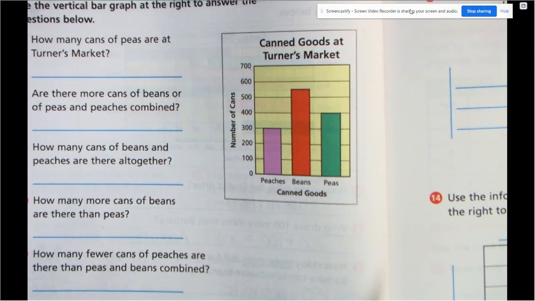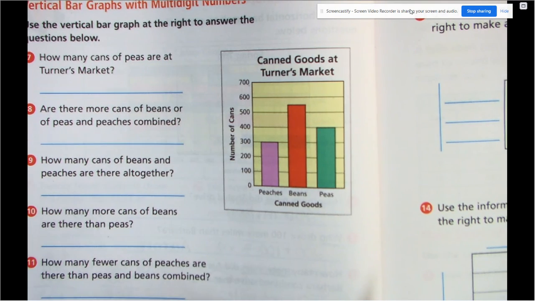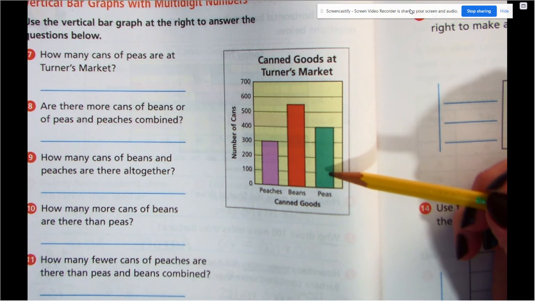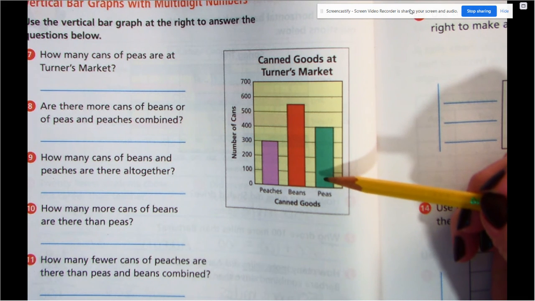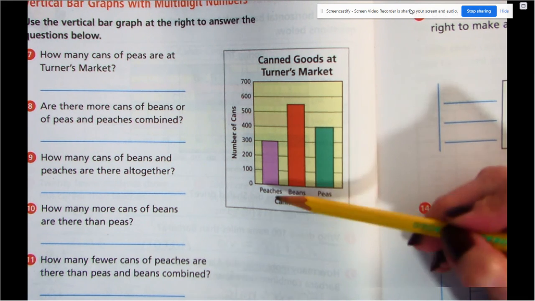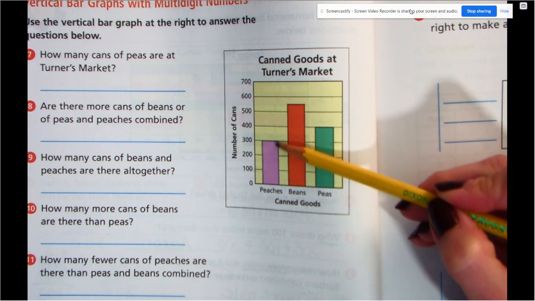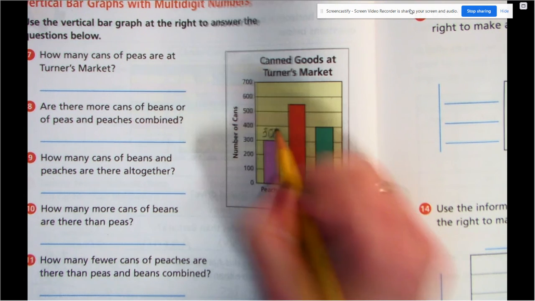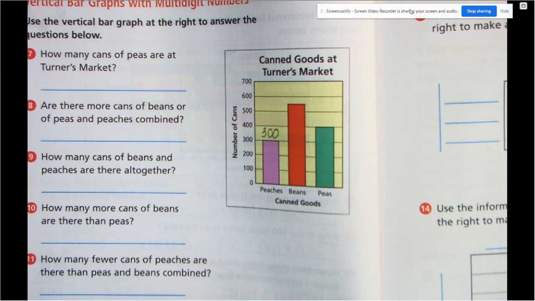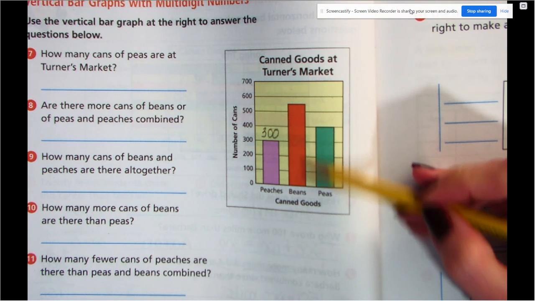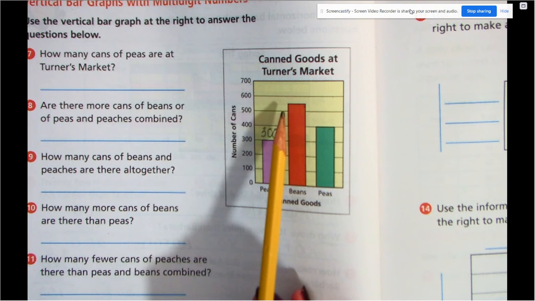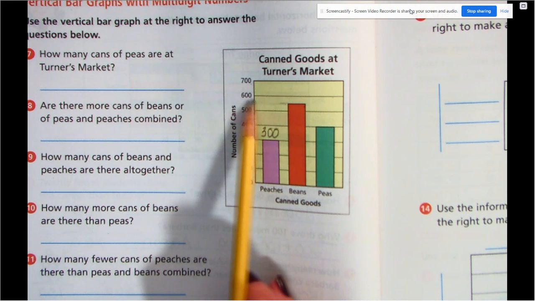When we look at that, we want to first figure out our totals for each. I think that's always a good place to start. That way you've already done some of the work. If we look at peaches and go up to the vertical bar, we can tell there were 300 cans of peaches at the market. How many cans of beans? Now this one is right halfway in between.